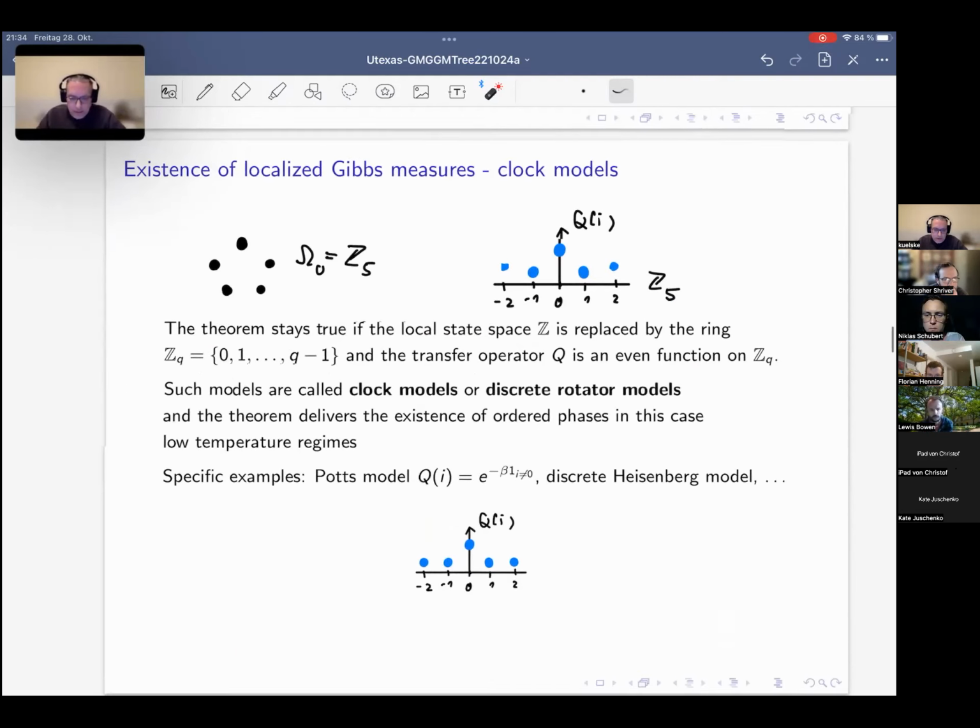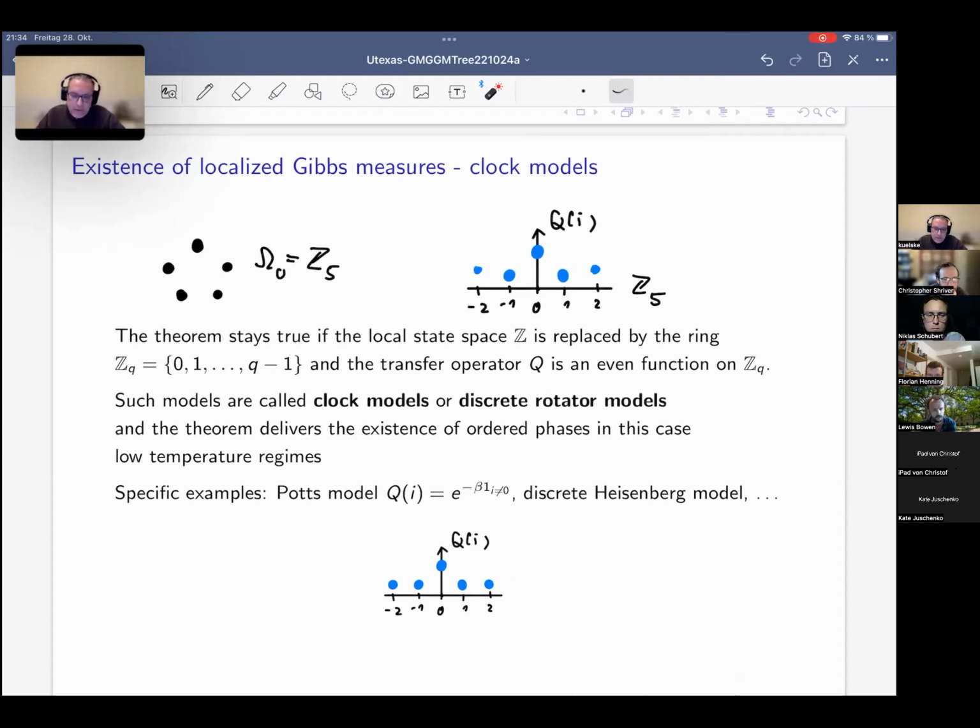And also we can consider other groups as local state spaces, namely the group ZQ. For instance, here's Z5. I've made a naive picture: 0, 1, 2, -1, -2. If we want to look at these types of models, then we take the analog of a gradient model, but in this ZQ space.